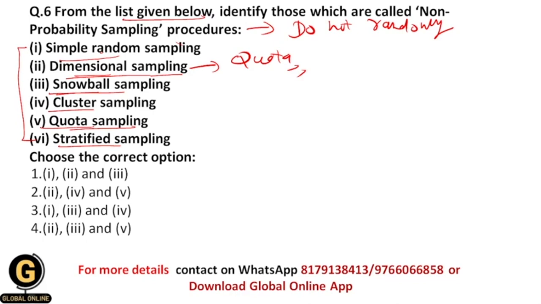The researcher thinks about many characteristics, such as gender, age, etc., and selects participants based on these different characteristics, and each participant should have those defined characteristics. That is called dimensional sampling, because the characteristics are many but the participant is one. That's why this is the extension of quota sampling.